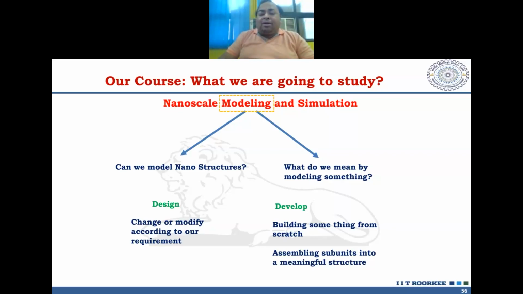The second one is more appropriately applicable to biological macromolecules. So in this course, we try to learn both things: designing and development. As an example of development, I used to talk about the modeling of macromolecules, especially protein, because protein modeling is a very classic example of modeling.